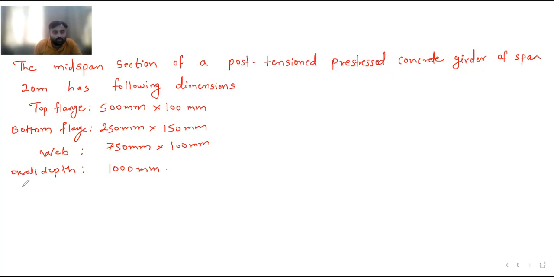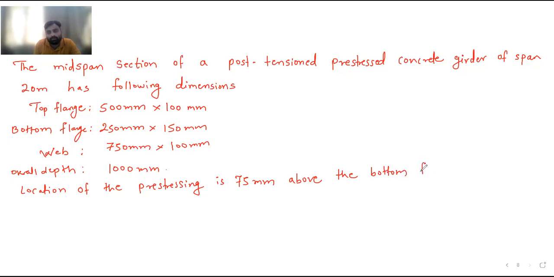Location of the prestressing force is 75 mm above the bottom flange.